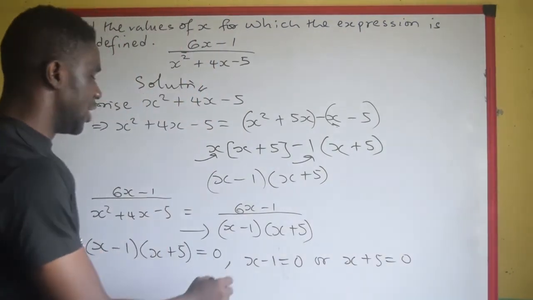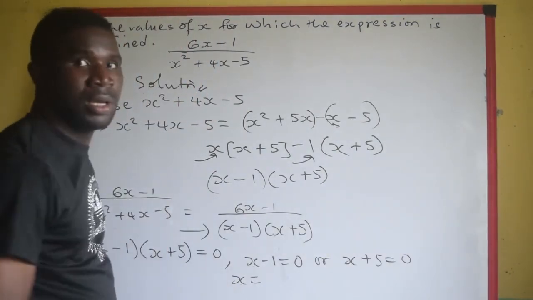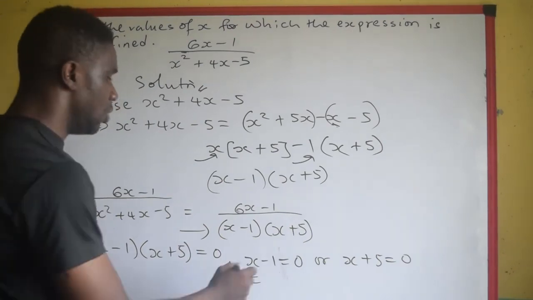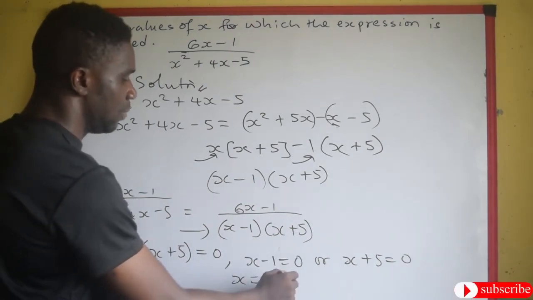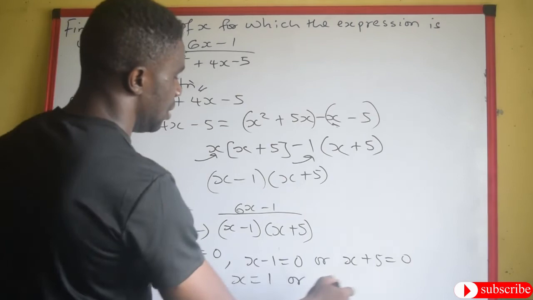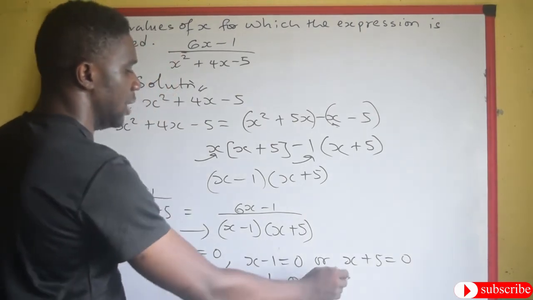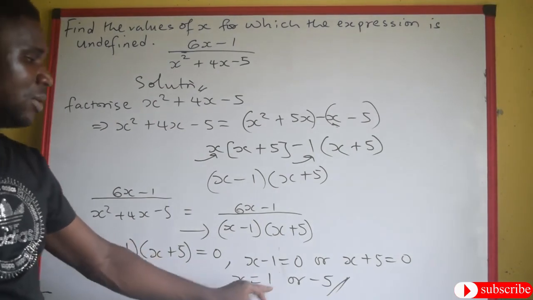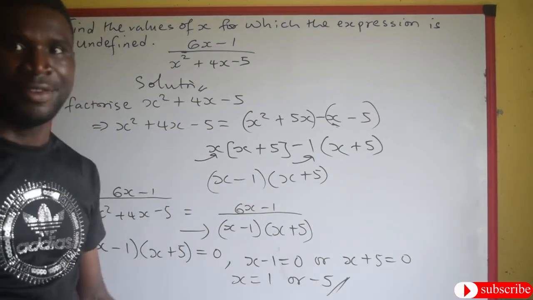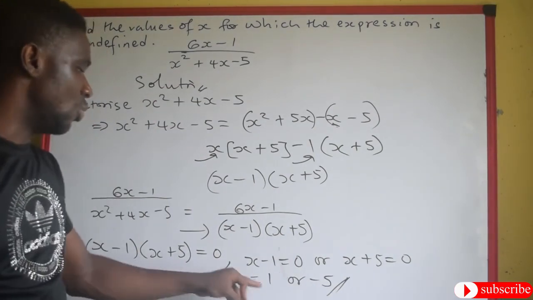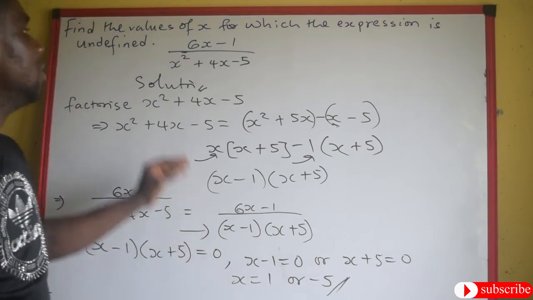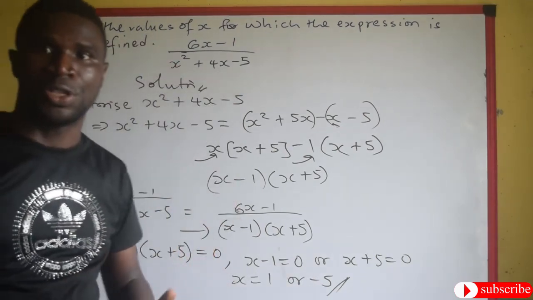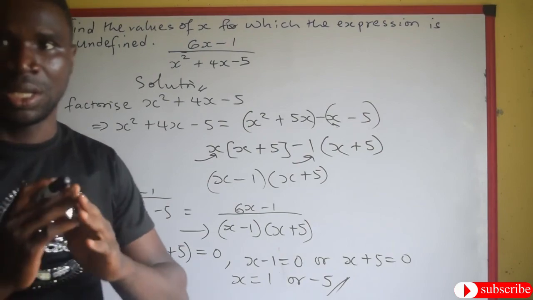If we solve for x for each one, our x here will give you 1 when we collect like terms, or our x here will give you minus 5. So these two values, either 1 or minus 5: anytime x is 1 or minus 5, this entire expression must surely be undefined.